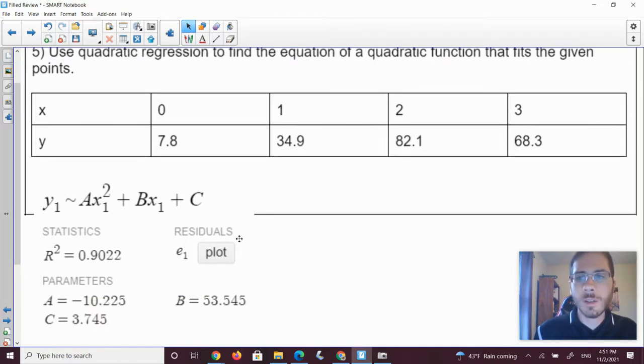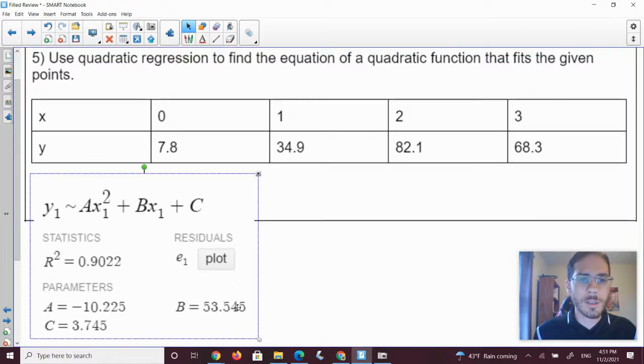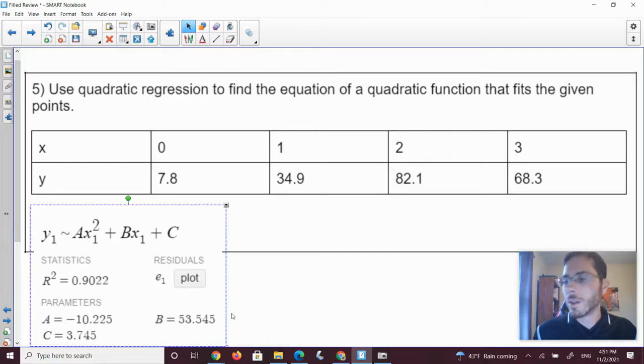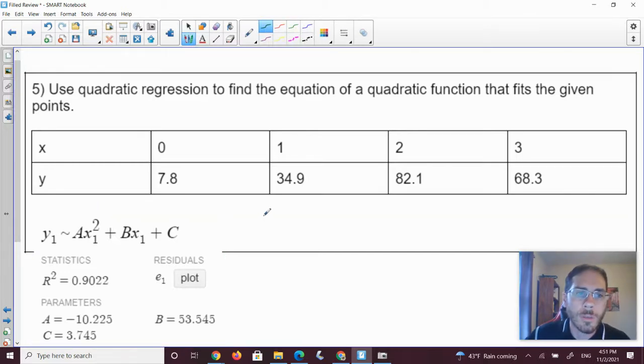So I've got my things, and if you're using the TI calculator, again, this is what we do in the stat menu. Stat over and then 5 after you've got all the data in. And we'll just write down everything we got here. So it's going to be y equals, a is negative 10.225 x squared.